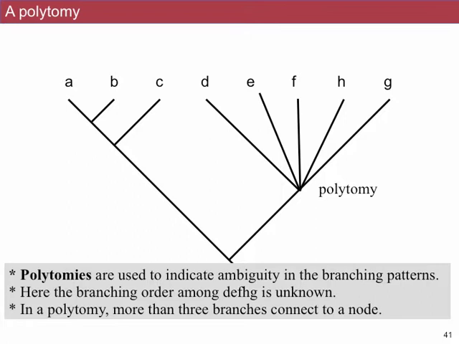Evolution can sometimes do these star-like bursts of radiation, but in most cases what we're saying is we just don't know what the relationships are there. And you'll see in the next lecture after today some uses of polytomies.